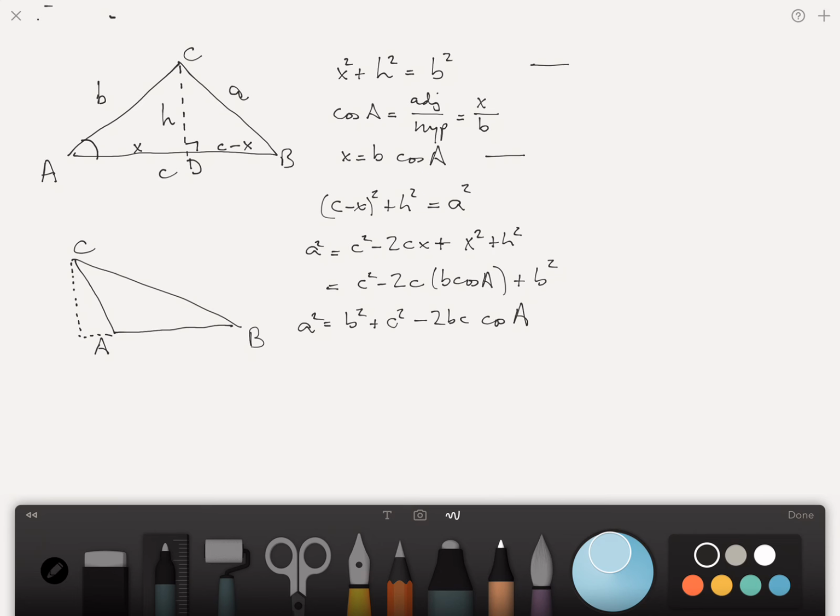So if that happens, probably the right setup would be to think about this as maybe this is still the x, and this is c, still A, still B, and so now the setup is going to be not c minus x as in that upper picture, but c plus x.